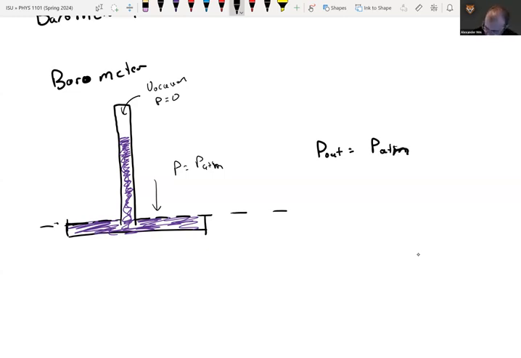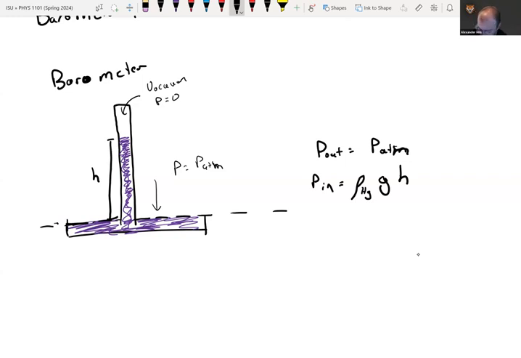But P inside, if we look at the inside of this column, has a height of h. That's equal to the density of mercury, where Hg is the symbol for mercury, so rho times g times the height of the column.